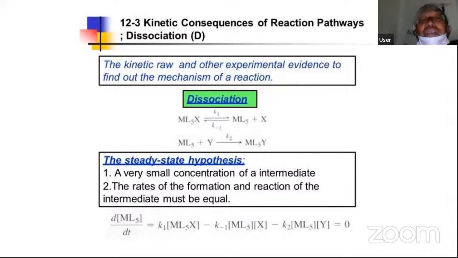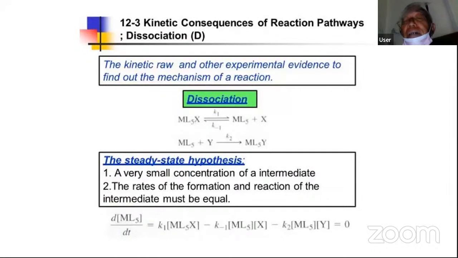You may have a different scheme, then we have a different rate equation. You know the concentration of ML5, but you do not know MLX. You know the Y concentration, but the intermediate you do not know. So you apply the steady state approximation.